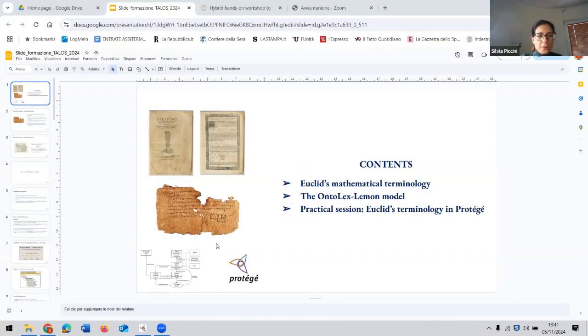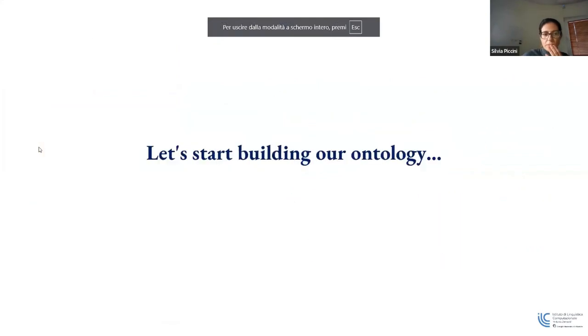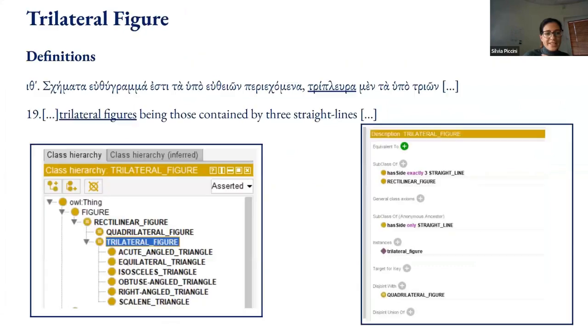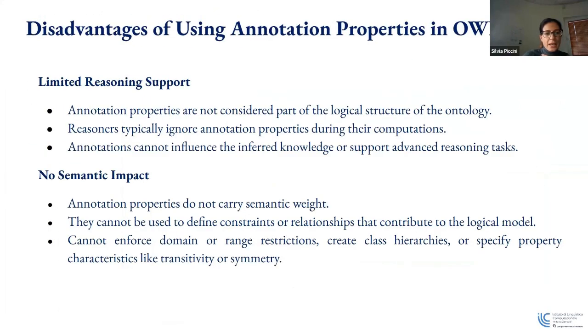Let's continue our training session with the linguistic dimension. Well, let's start. Just restart by saying a few words. We have seen that we can formalize the linguistic dimension of an ontology by using annotation properties.